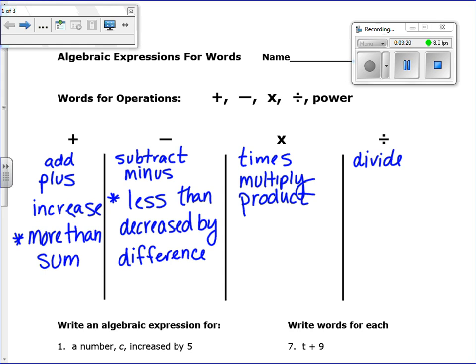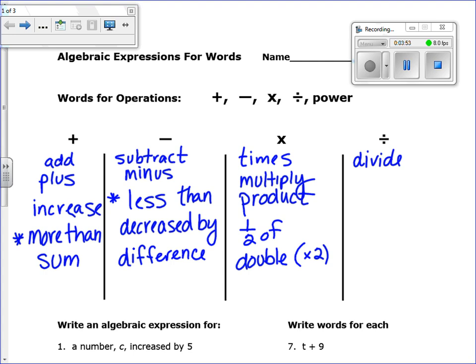For multiplication, we also can say half of. And we could replace that half with anything. You would still be multiplying, okay? You could say 1/3 of, 1/4 of, 1/5 of. You would still be multiplying by that fraction. We could also say double, which means times by 2. And triple, okay? Those are the words that we would use there.